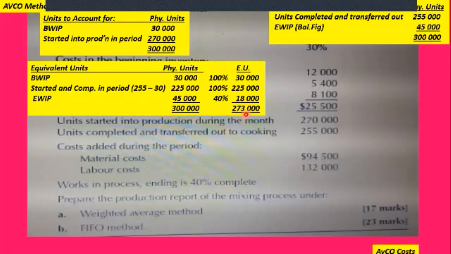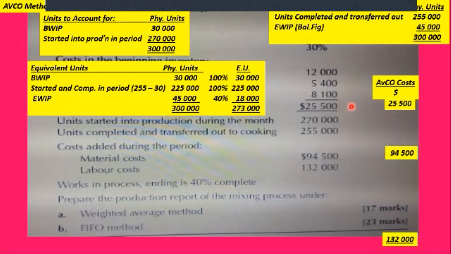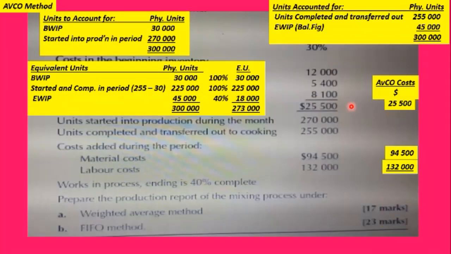And we turn our attention to the AVCO costs. This time we include the cost of the opening work in process. Okay, and we include all the work. We're looking at total costs of producing the units, right? That's what an average is. You take the total cost and you divide it by the number of units.